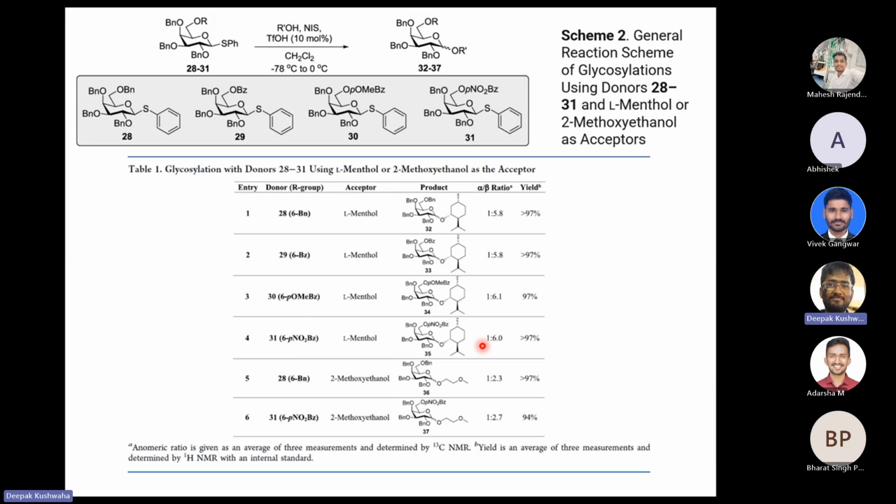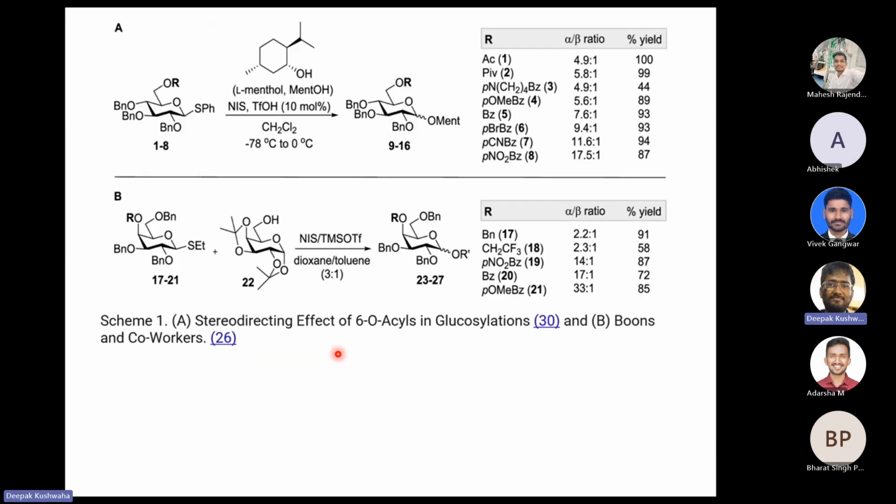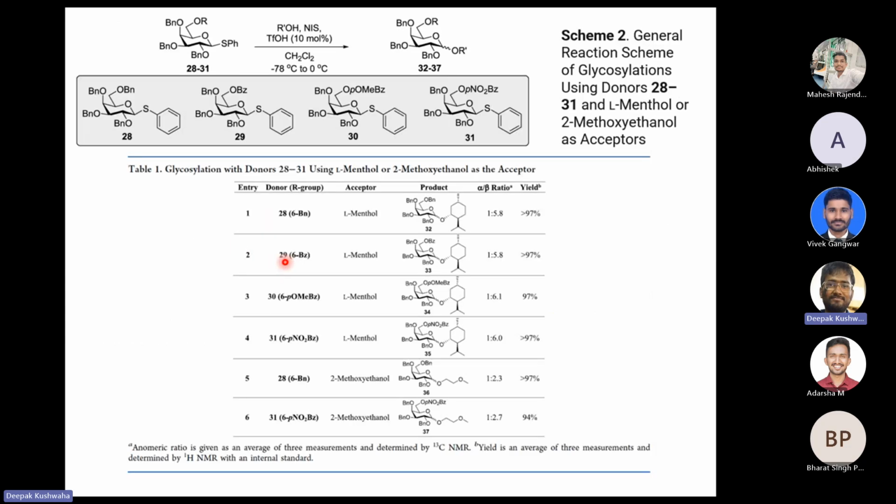Because in the case of Boons, they have used a different kind of acceptor, a sugar acceptor that is chiral, to check whether chirality or some acceptor role is there or not, they took a different acceptor, 2-methoxyethanol, keeping in one case OBn at C6 and in one case an electron deficient benzoate protecting group. Again, in both cases, they are getting almost similar alpha to beta selectivity.